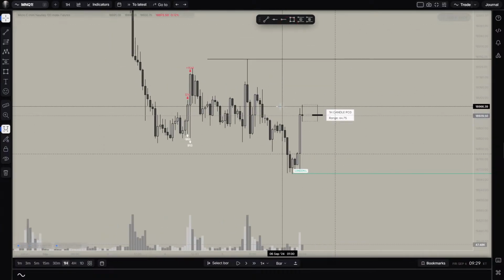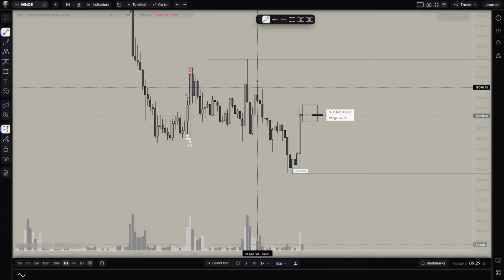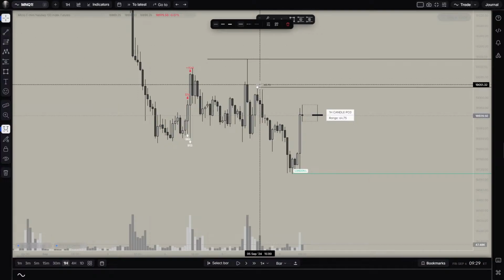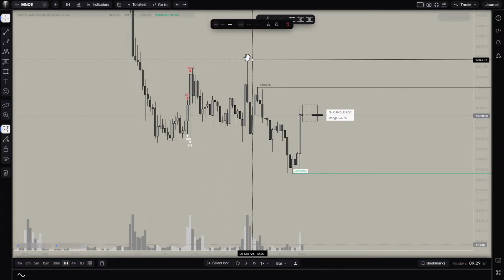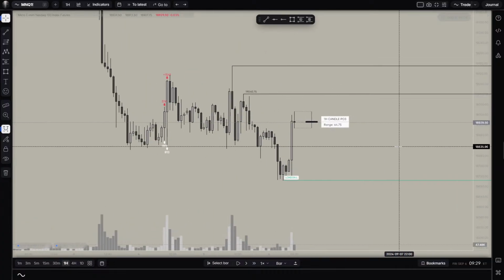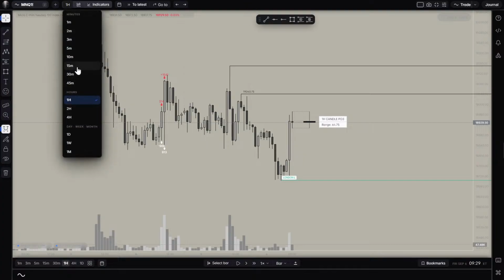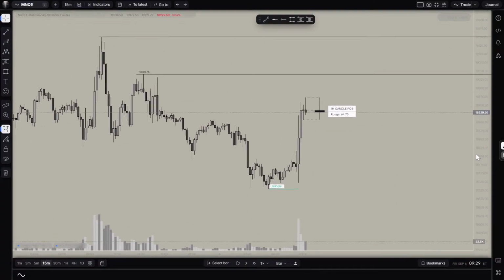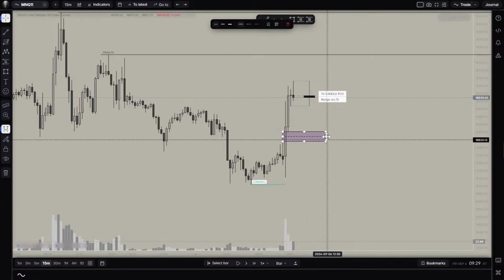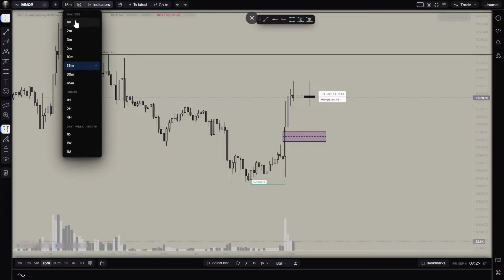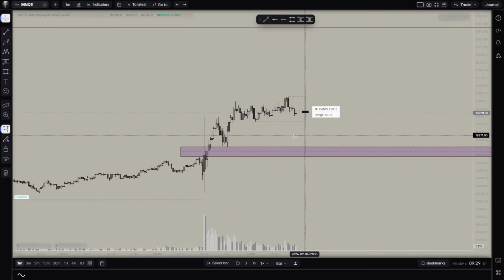So we have this liquidity to be taken out. Let's go to 15 minutes. We have an unmitigated gap also on 15 minutes. Can we tap into that? Let's see.